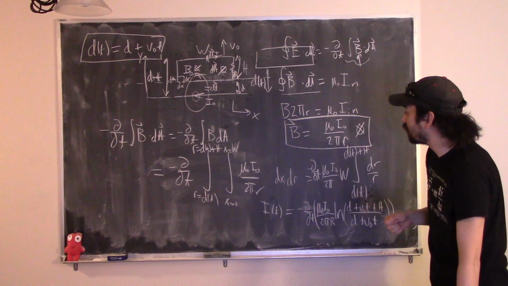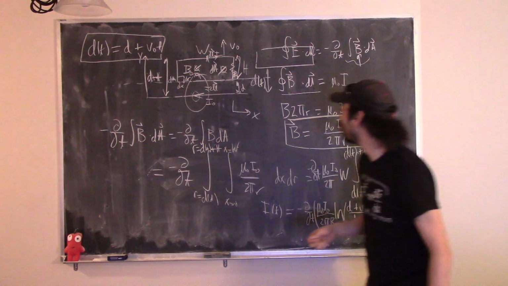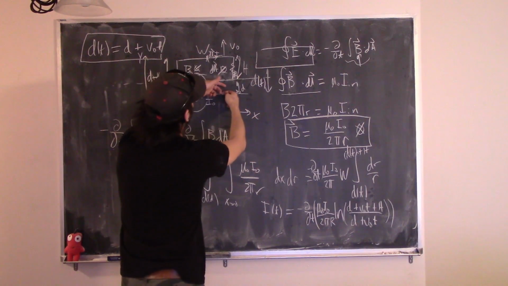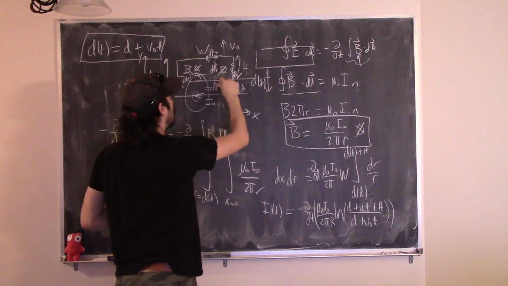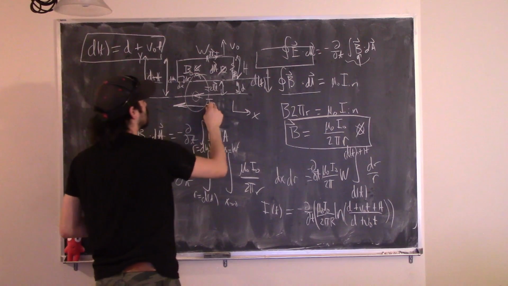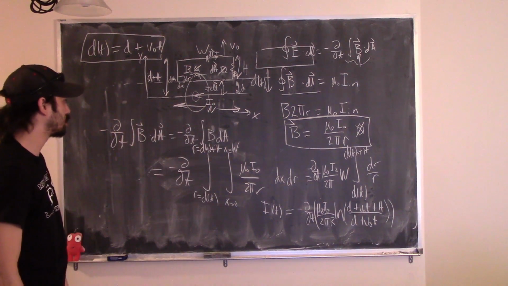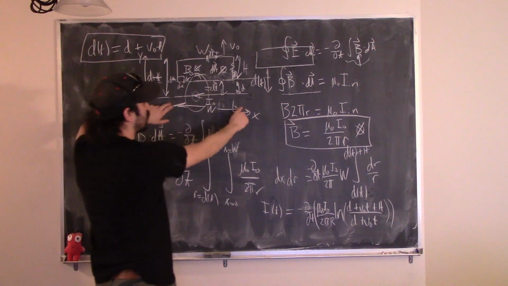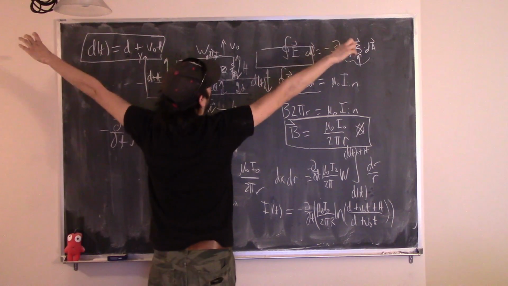The reason why the limits of integration with d only come into play in the y direction is because this distance d is in y, right? This is only a distance in y, as opposed to this distance w. This distance w is going to be in the x direction, but that's actually just fixed, right? Because if I'm moving this loop up, I'm not stretching it out, right?